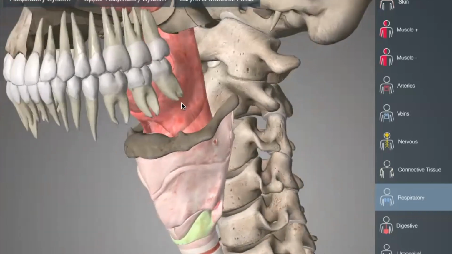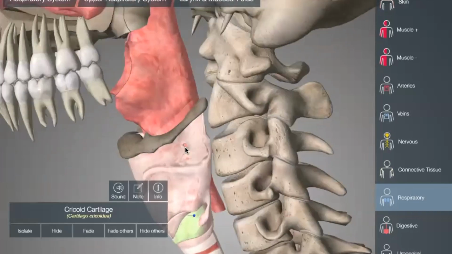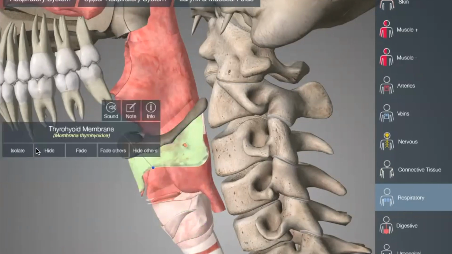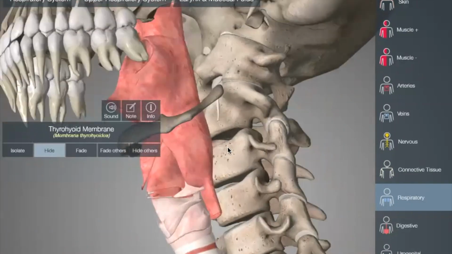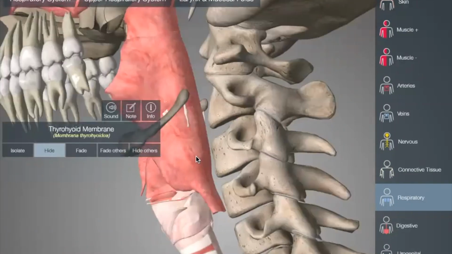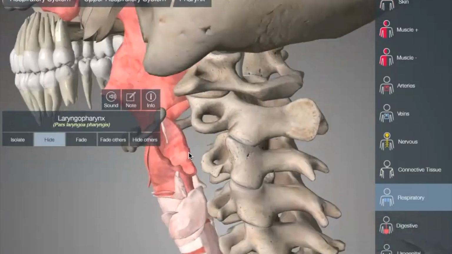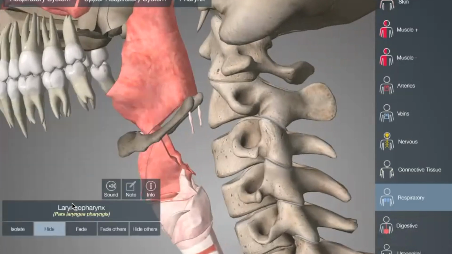Now, let me see if I can hide this and show you something. You can see that, maybe I can hide this part. Yes, this is the pharynx, right? So look, let's say we are walking through the nose or through the mouth.